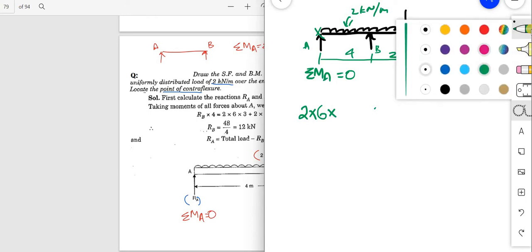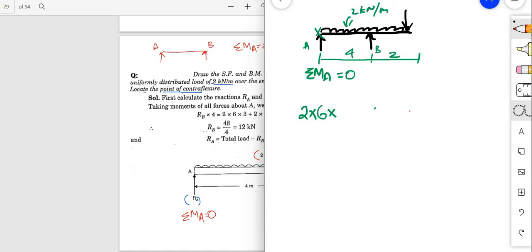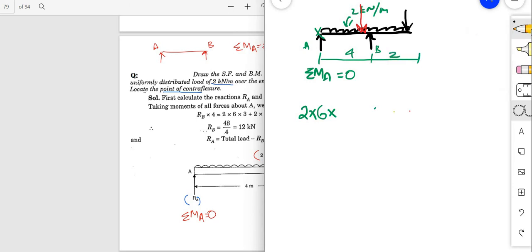This total force acts at the center, which is 3 meters, as it is a rectangular load. So this is our distance, and what will be that distance?